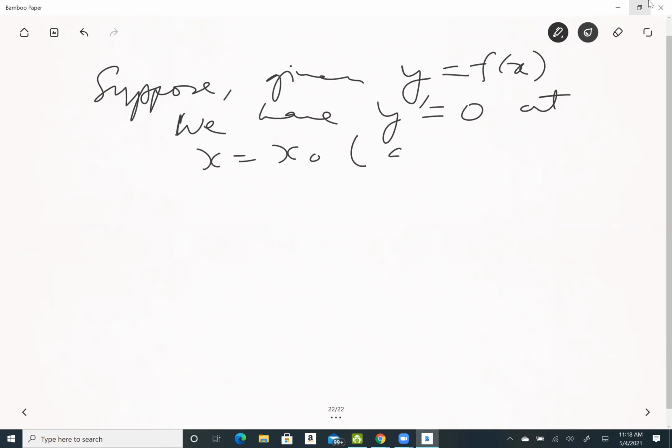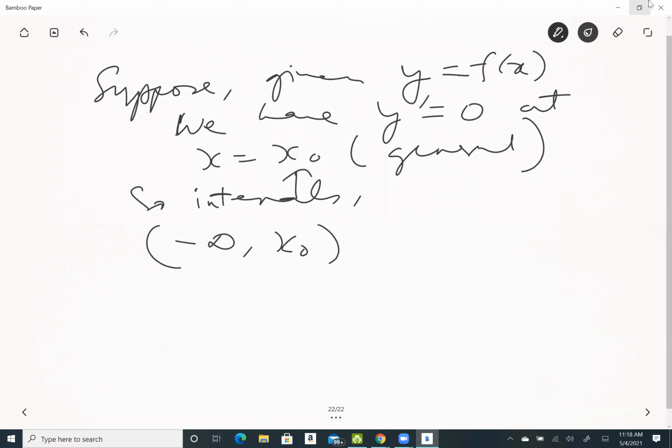So this is a general situation. The x0 would be the basis of our interval. So the intervals that you have will be from negative infinity to x0, and x0 to infinity.